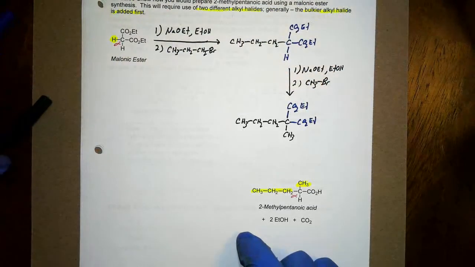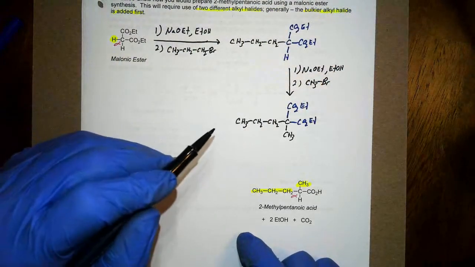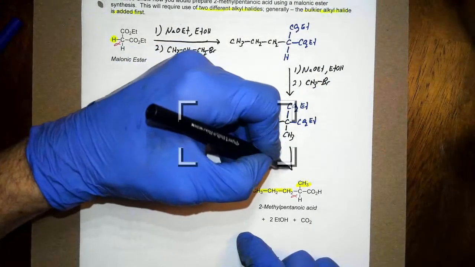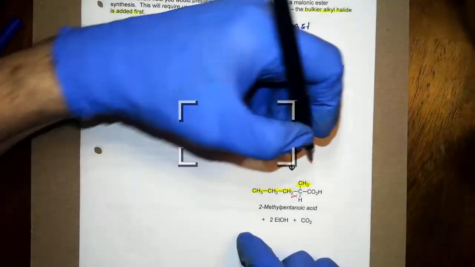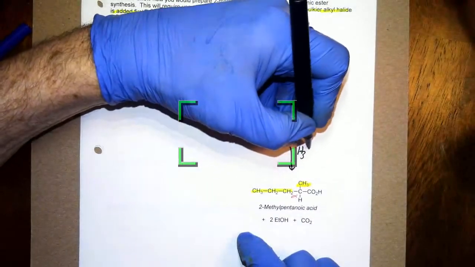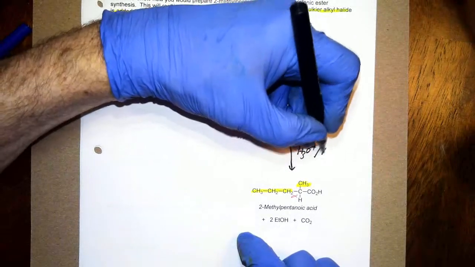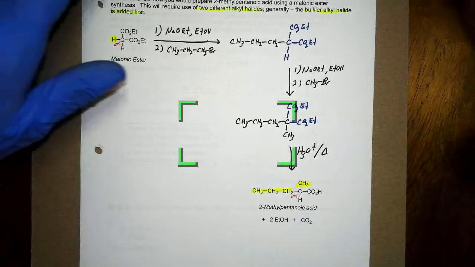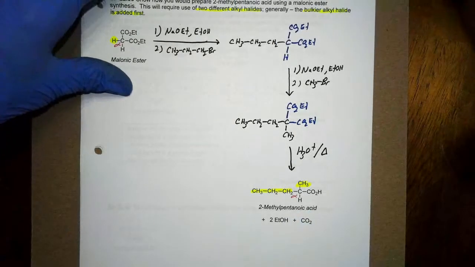Did I do that right? Yep. And then what did I say the last step always was? Yes, you know to add acid, and you know to heat it. So that would give you this particular organic product. So this is called dialkylation.